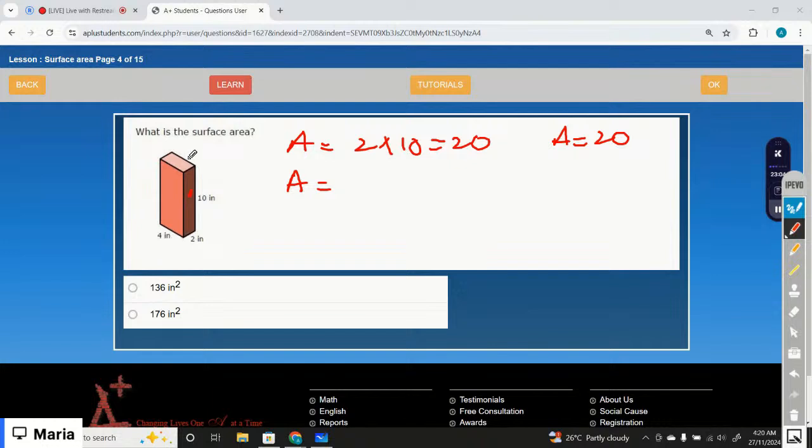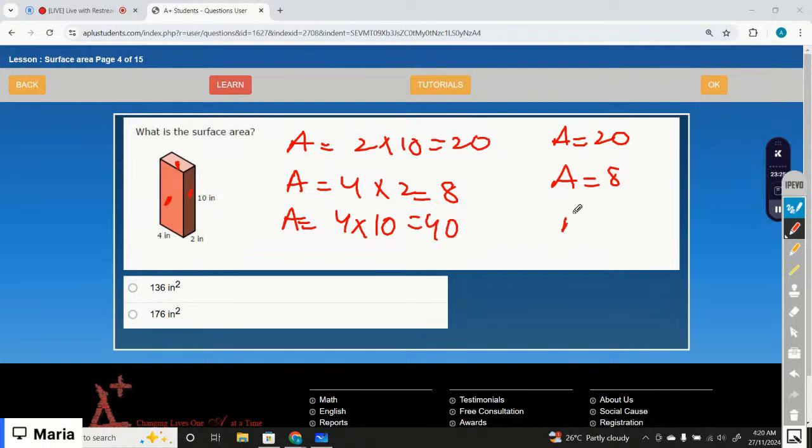So now calculate the area of the upper and lower face, that is 4 times 2 equals 8. So the other face has the same area. Calculate the area of this face, right? That is 4 times 10 is 40.